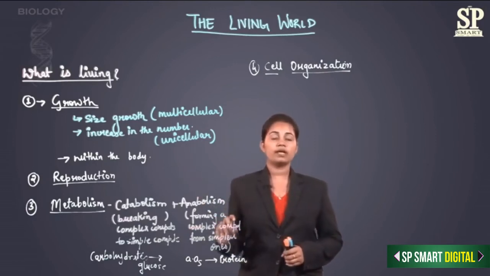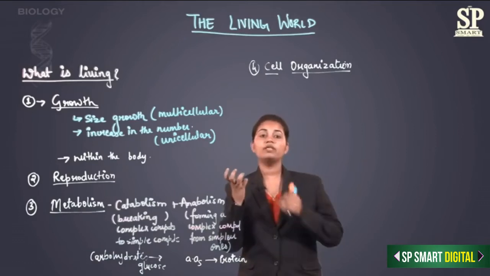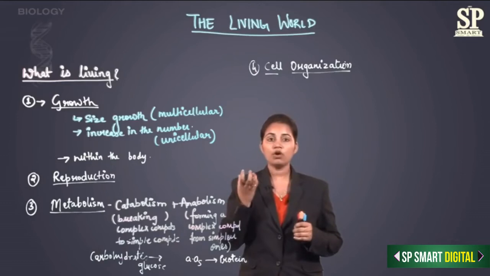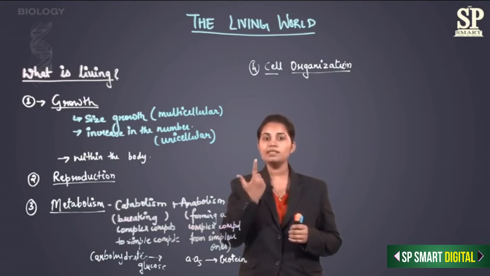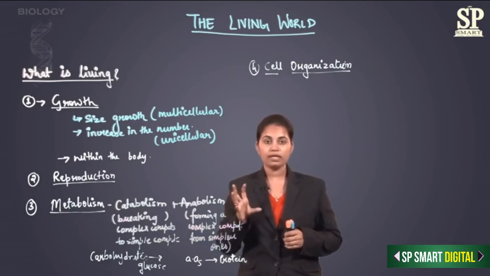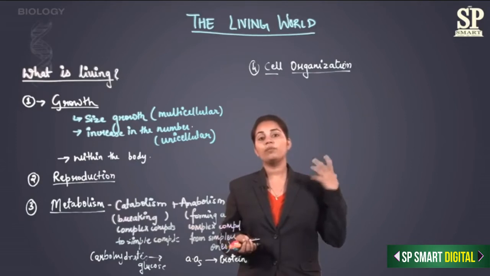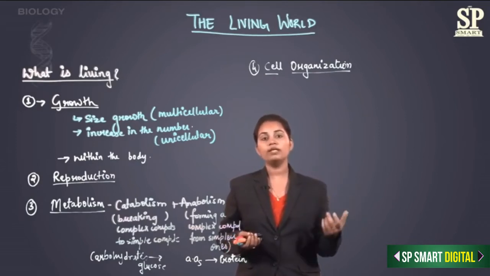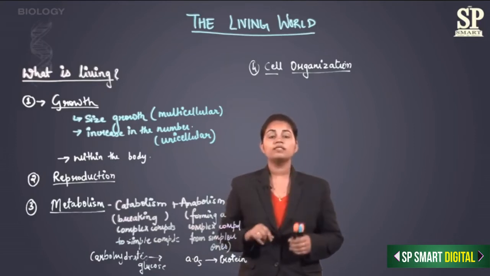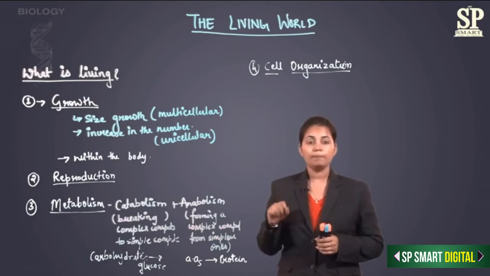When I say unicellular organisms, their cell organization will be different compared to multicellular organisms, because a unicellular organism, the single cell, has to perform all the activities for the life of the cell, right? And in multicellular organisms, I have many different kinds of cells which form different organs and which regulate or control the body, right? So the cell organization also plays a major role for the living criteria.